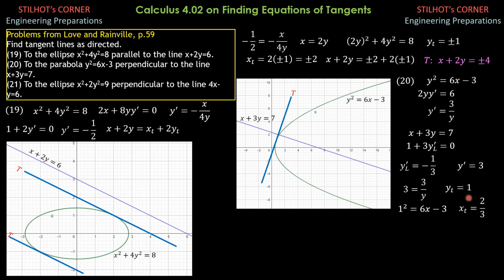If the slope of the tangent is 3, the expected equation is 3x minus y equals 3 x sub t minus y sub t. Substituting, 3x minus y equals 3 times 2/3 minus 1. Therefore, the equation of the tangent is 3x minus y equals 1. So that's for problem 20.